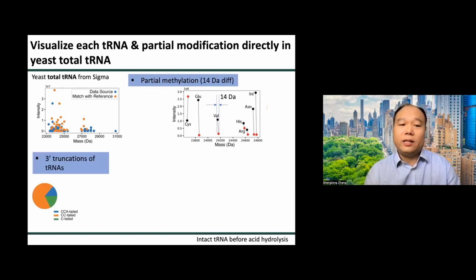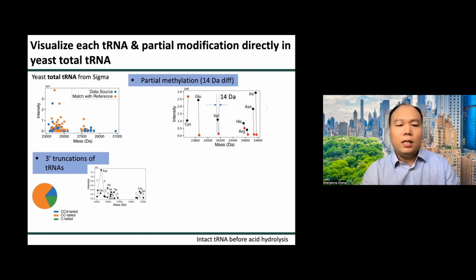We can also detect the 3' truncation. Interestingly, in this sample, the most abundant 3' tail does not end at CCA, but CC. You can see this is the most abundant tRNA in this total tRNA sample, but the most abundant species is missing the terminal A from the full-length CCA tail.